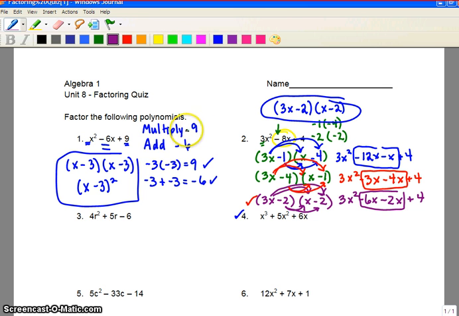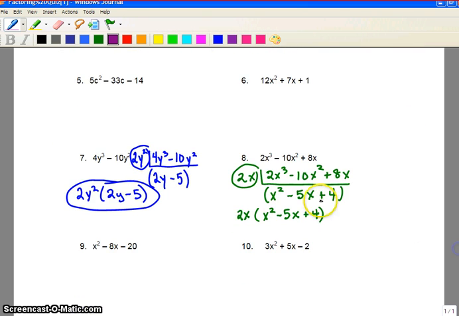You're looking for numbers that multiply together to give you the last term, but add together to give you the second term. In this situation, I'm looking for numbers that are going to multiply together to give me a positive 4, and I'll write that off to the side. Multiply to a positive 4, but add together to give me a negative 5.